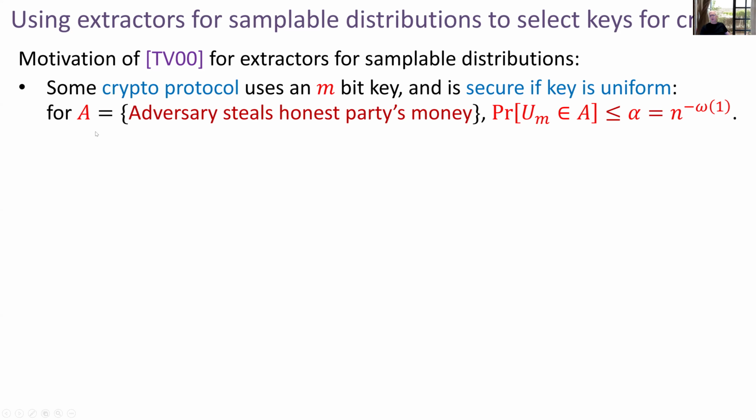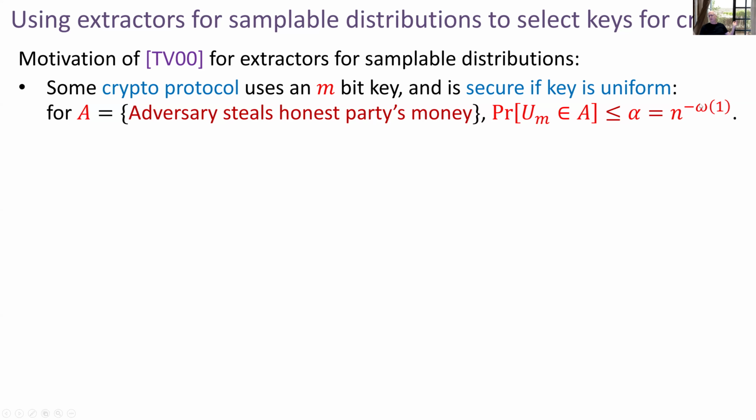Let's say that it's secure in the sense that if we define the event that the adversary cheats, that the adversary can steal the honest party's money, then when the key is chosen according to the uniform distribution, the probability that this event occurs is very small. It's smaller than some alpha, which is negligible, n to the minus little omega of 1.